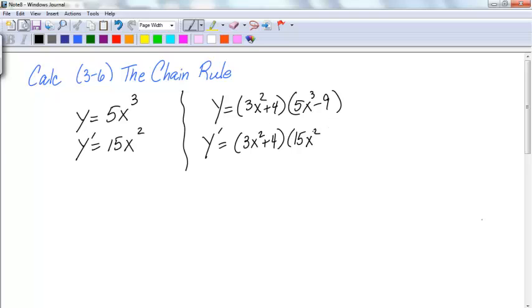The derivative of the constant is just 0, plus leave the second quantity the same times the derivative of the first, which would be what? 6x. And then you would have to multiply this out and combine like terms.